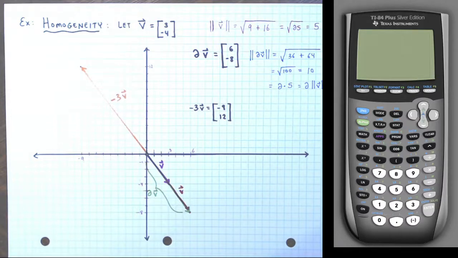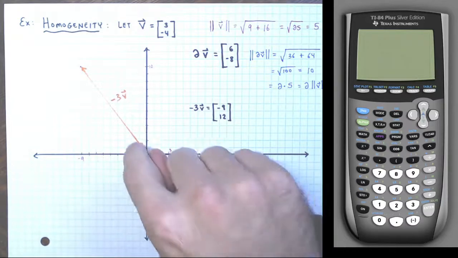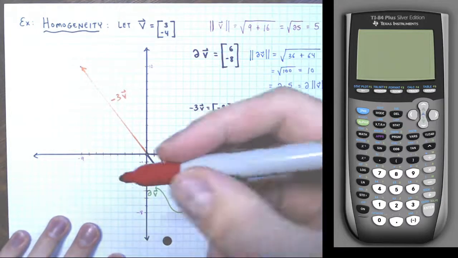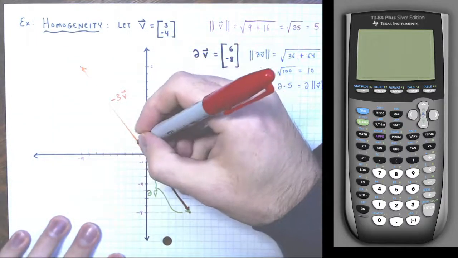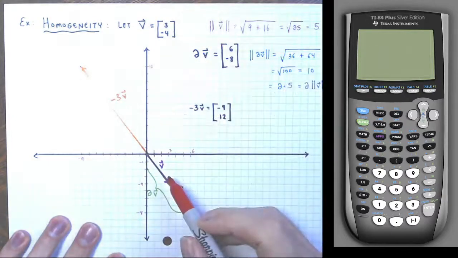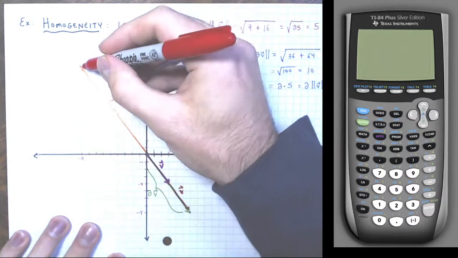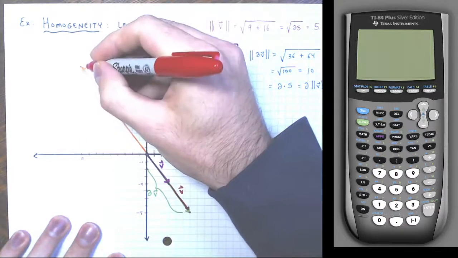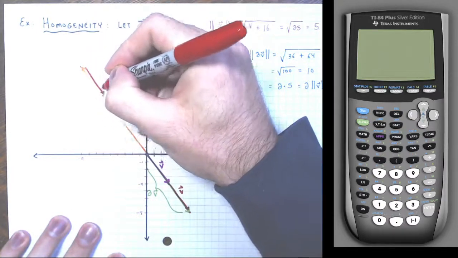All right, well, again, can you see how the length of this vector is just 3 times the length of v? If I started from here and kind of went backwards, here's v.